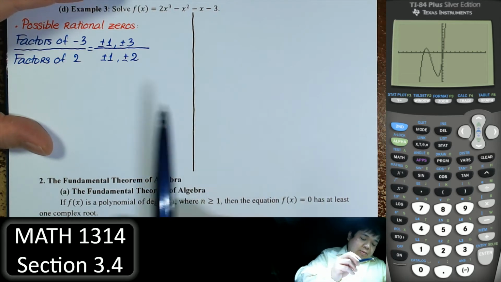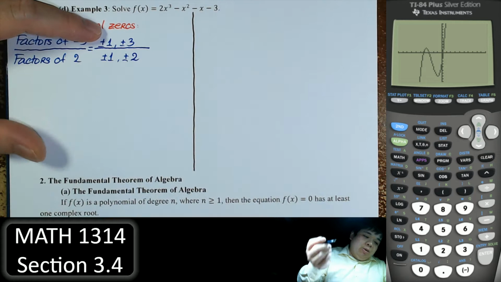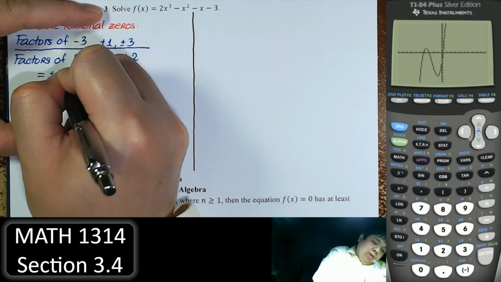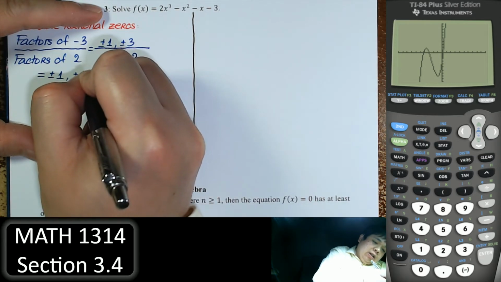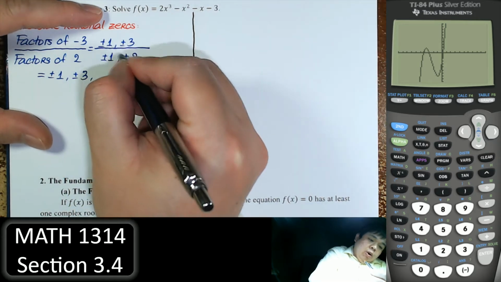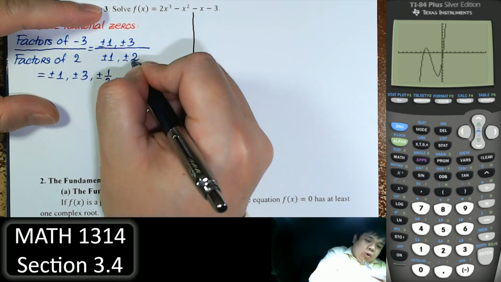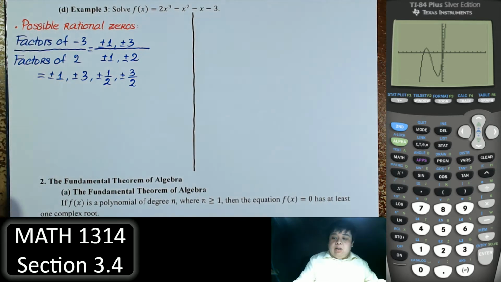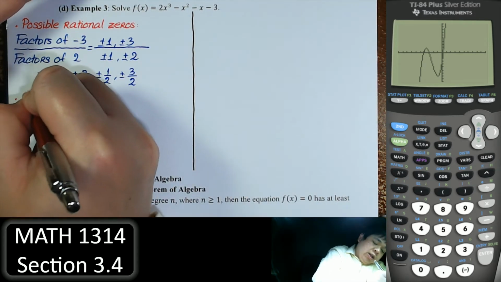So we have 1 over 1, 3 over 1, 1 over 2, and 3 over 2. So those are the possible zeros. Next, we check for the actual zero.